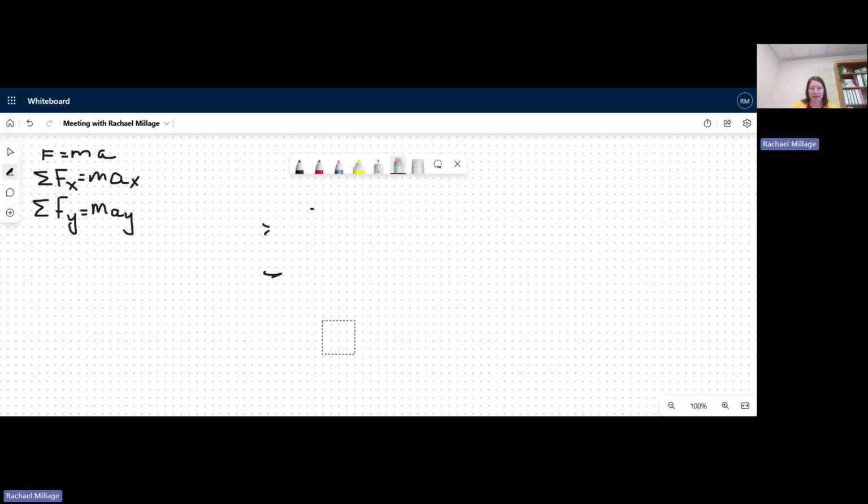So he came up with a law to talk about how springs expand. This is called Hooke's law. He said that the force is equal to a spring constant, which we're going to call K, times the change in length, which is X. So force, spring constant, change in length.